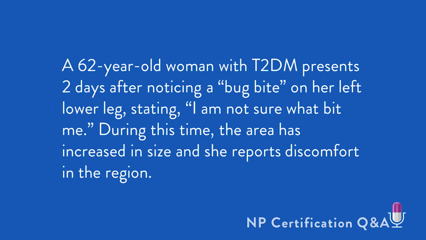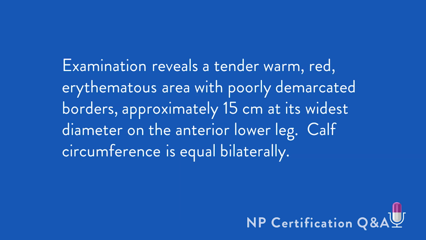To recap, a 62-year-old woman with type 2 diabetes presents 2 days after noticing a, quote, bug bite, close quote, on her left lower leg, stating, quote, I'm not sure what bit me. During that time, the area has increased in size and she reports discomfort in the region.